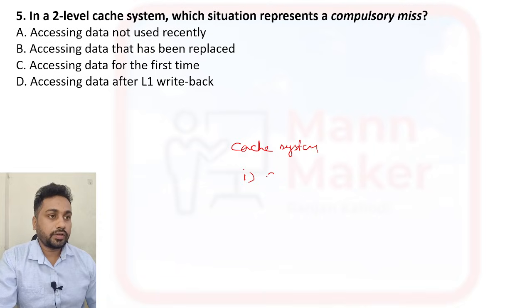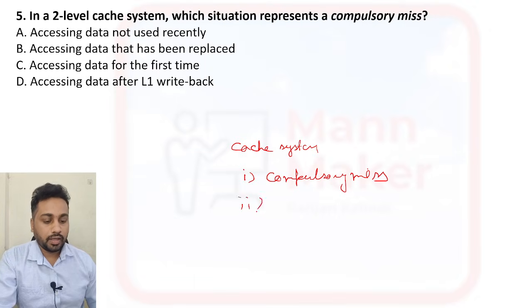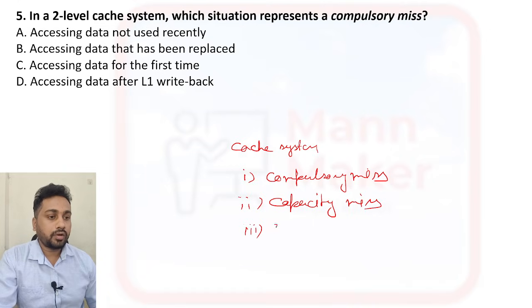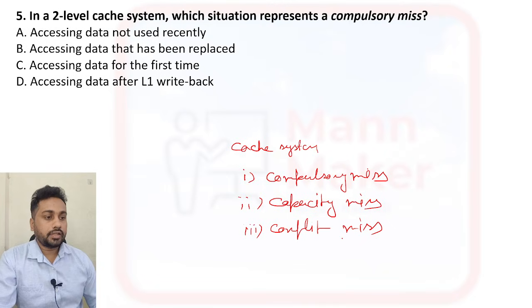First one is compulsory miss, then we have capacity miss, then we have conflict miss. These three types of miss are there in the cache system, and here they have asked about compulsory miss.